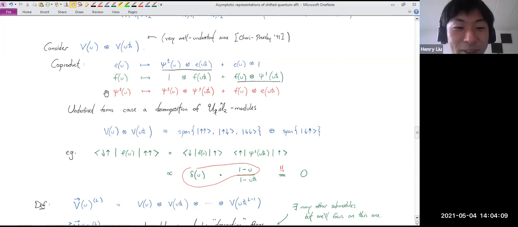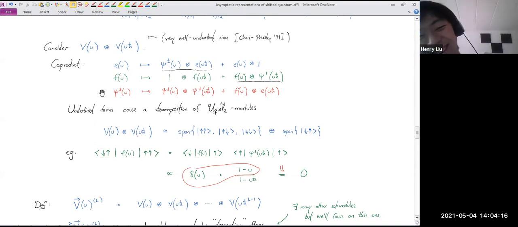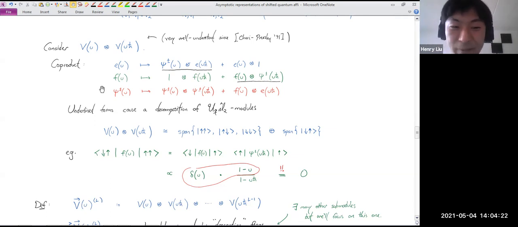Maybe I should be slightly more specific about what I mean by in general. I essentially mean outside of this case, outside of maybe T star of the Grassmannian, possibly the Hilbert scheme, where the formulas are in some sense still manageable.